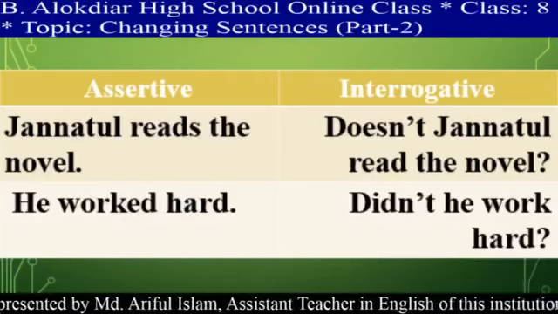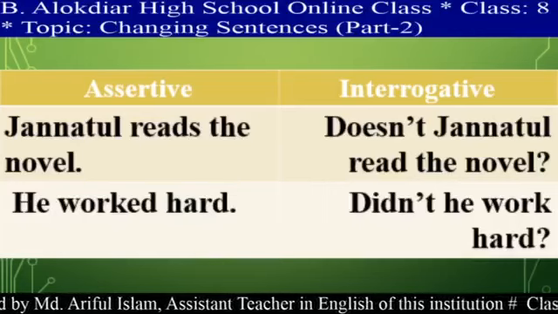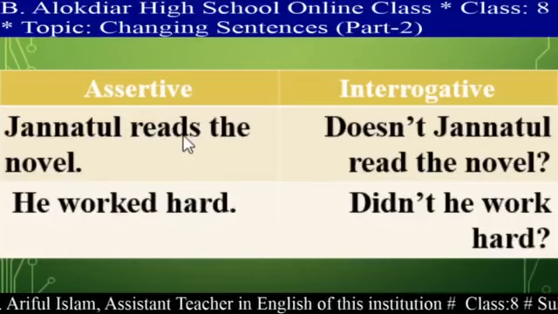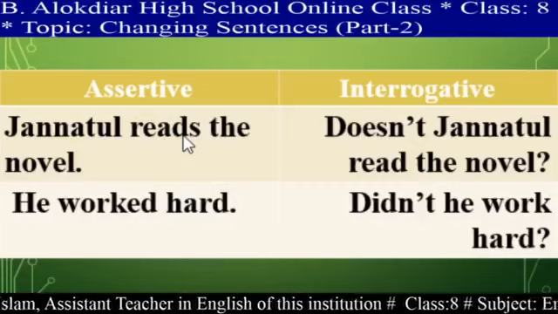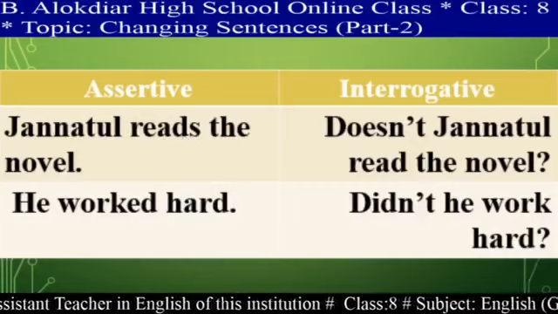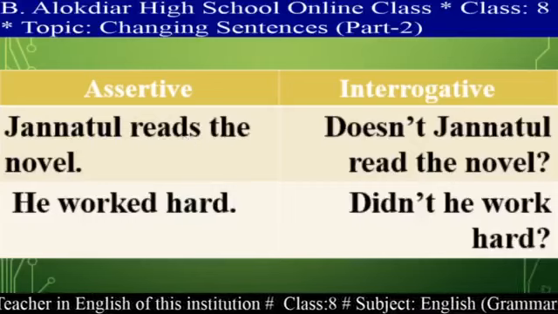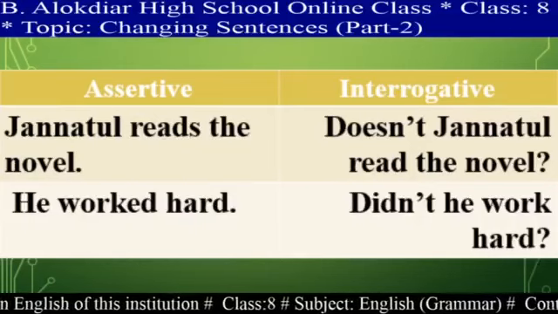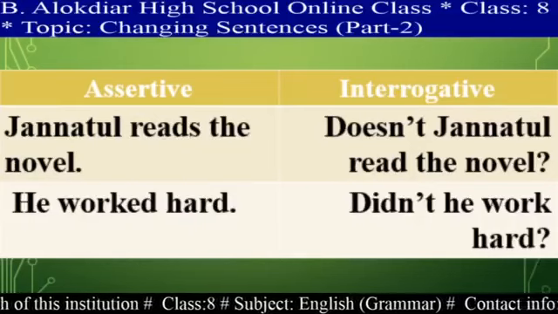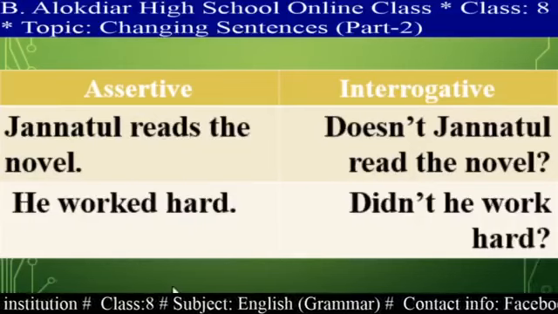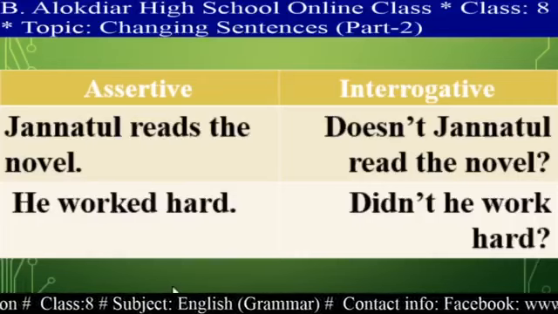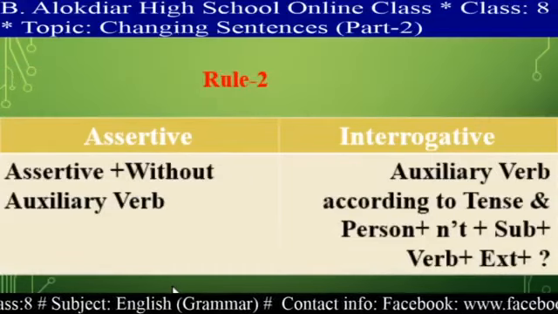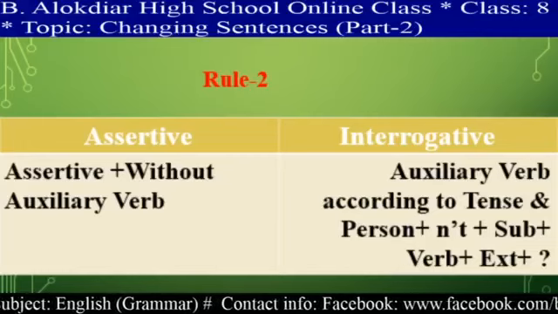Perhaps the rule is for an assertive sentence without an auxiliary verb. So, what should be the interrogative form of such sentences? Let's see the rules. Assertive sentence without auxiliary verb.